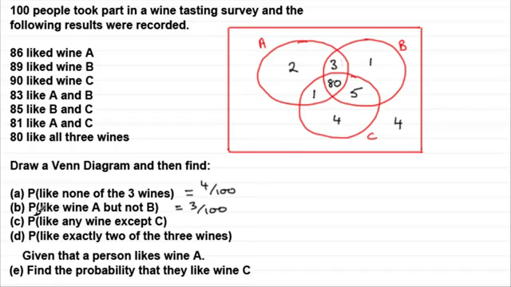Part C now. The probability that a person likes any wine except wine C. So where's that going to be?